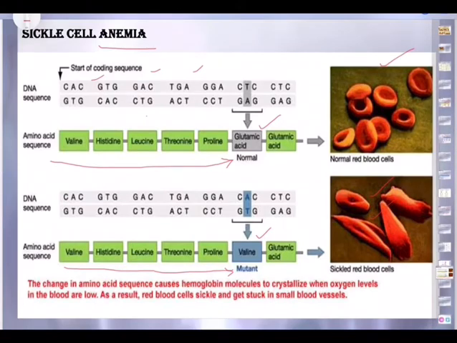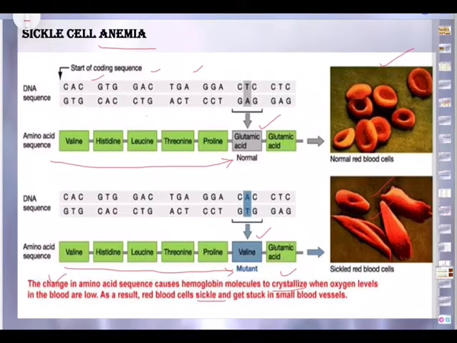And what you are seeing here, these are all nitrogenous bases in the DNA sequence. C for cytosine, A for adenine, G for guanine, T for thymine, the sequence, the triplet code. This triplet code results in the formation of amino acids, and the amino acids will have a sequence, and amino acids together will form a protein, and proteins will decide the characters of an individual.